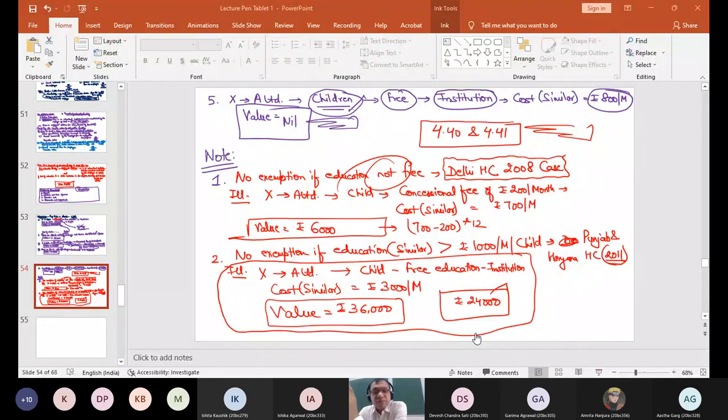If it does not exceed 1,000 per month, full exemption. But if it exceeds, then don't say give me at least 1,000 per month as exemption. As per the High Court ruling, exemption will be nil the moment your cost of education exceeds 1,000 per month.